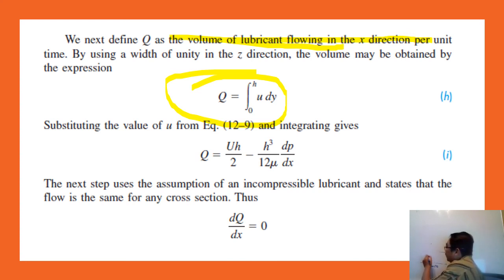Now I want to explain the term 0 to h. What does it mean in real life? Mathematically it says the limit 0 until h. Let's say you are pouring water inside a container.